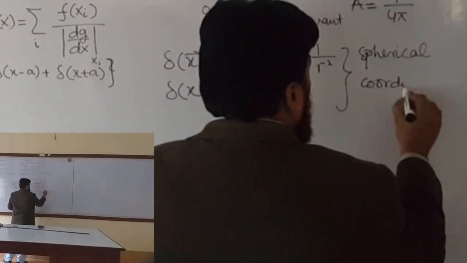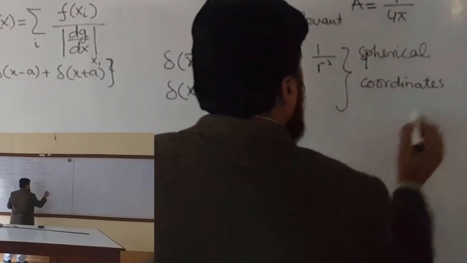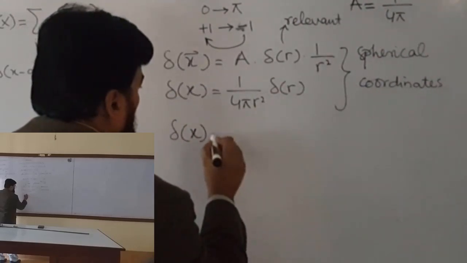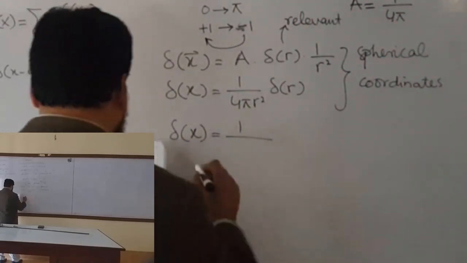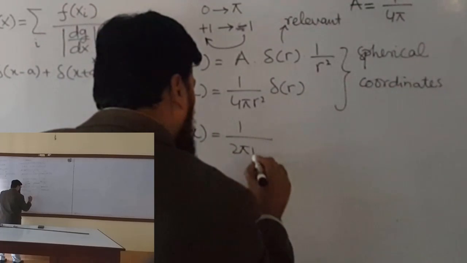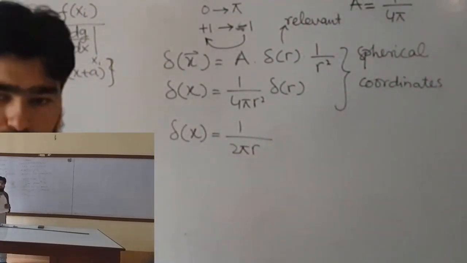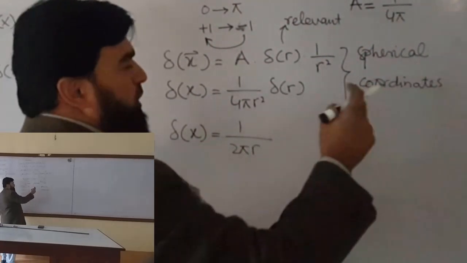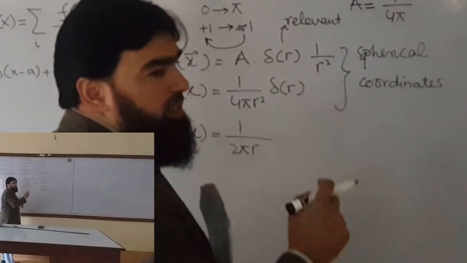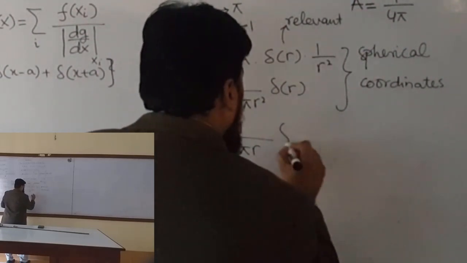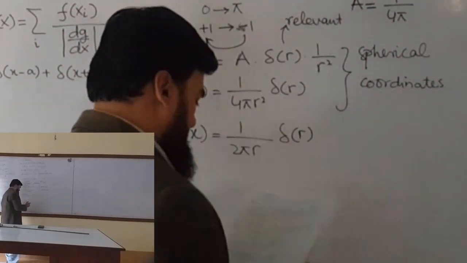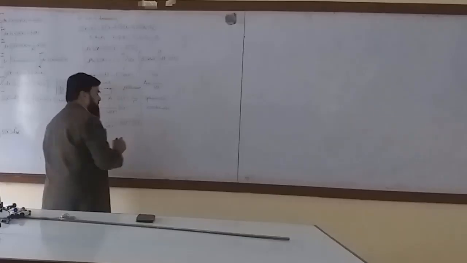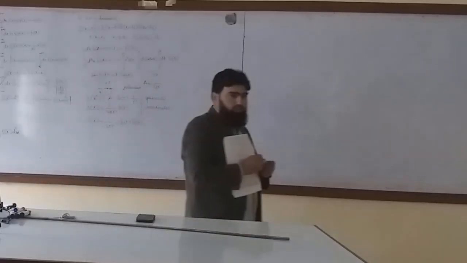And if I select cylindrical polar coordinates, then delta x will be equal to 1 over 2 pi r. 2 pi will be the angular portion, and 1 over r will just manage the r dr, and then delta of r. And similarly, this will have delta of z as well, because there are 2 dimensions.